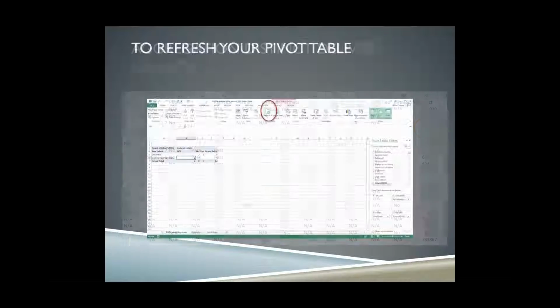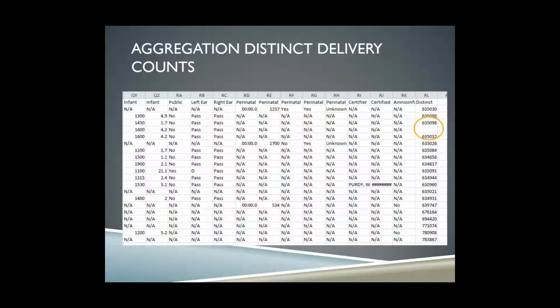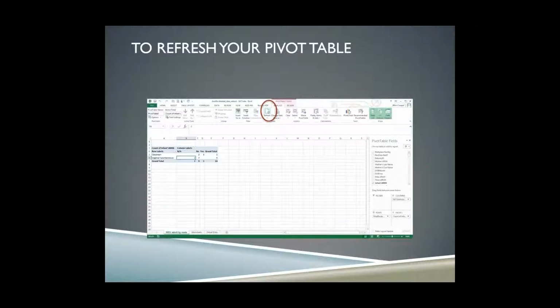Now, the one thing, let's see here, I think that got placed in the wrong spot. Okay, so one thing I also want to highlight is the notion of refreshing your data when you establish a pivot table.